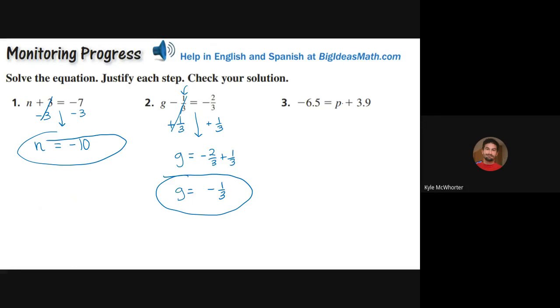Okay, for number 3, P has a +3.9 next to it. So we're going to do a -3.9 to both sides of the equal sign.